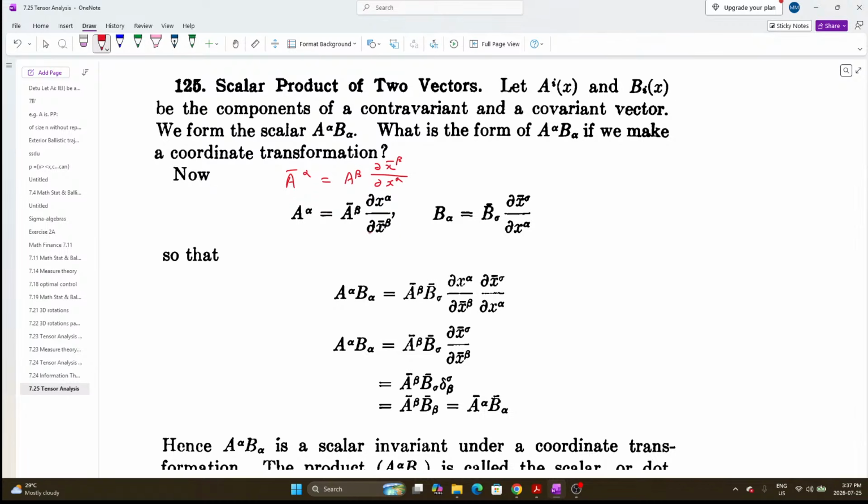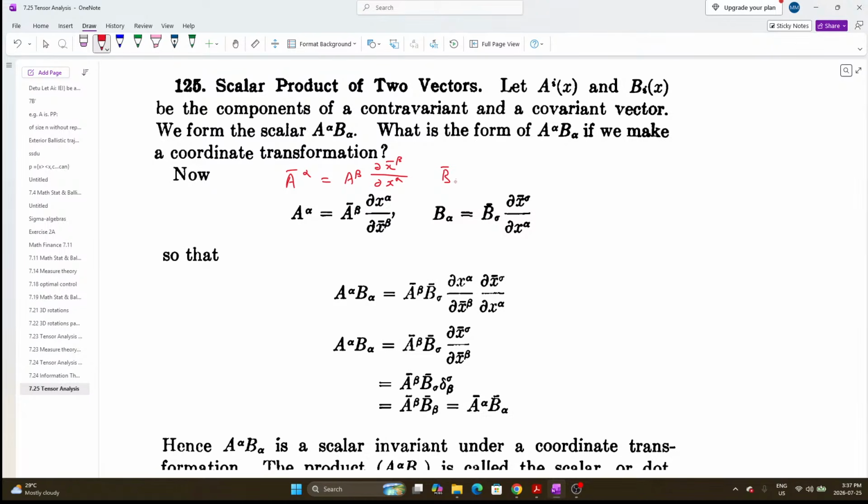And now if you move A bar alpha to the right, then this is the correct form. This is contravariant. And B bar alpha is what? I don't know why it somehow randomly changes order. It doesn't change anything mathematically. It's just harder to read. But B bar alpha is, actually it should be downstairs.